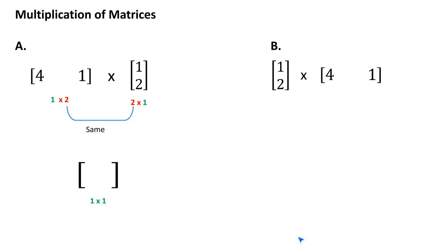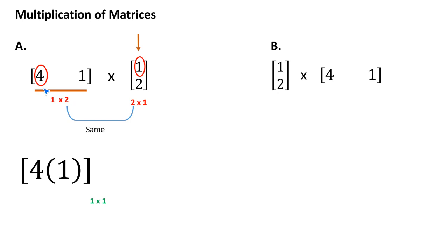So how are we going to multiply? We're going to take the first row and multiply it to the first column. In this example, it's straightforward, because you only have one row and one column. But you always take the row and then you take the column. And then you're going to take the first number times the first number, the second number times the second number, and add them together.